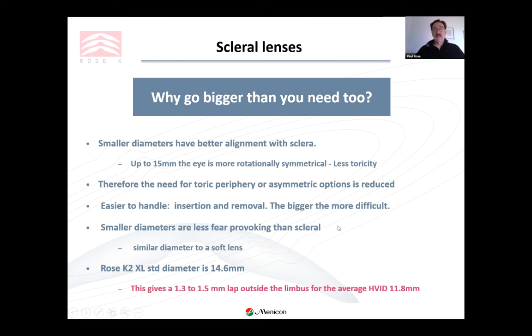Smaller diameters are less fear-provoking than sclerals, and XL is much more similar to a soft lens, and most people can insert a soft lens without too much difficulty. So Rose K2 XL, the standard diameter is 14.6, but you have a range of diameters, and what you're aiming to try to achieve with this diameter is a lap outside the limbus of between 1.3 to 1.5 millimeters.